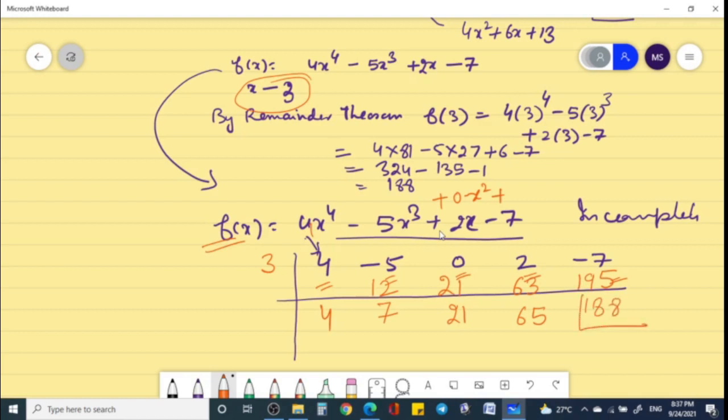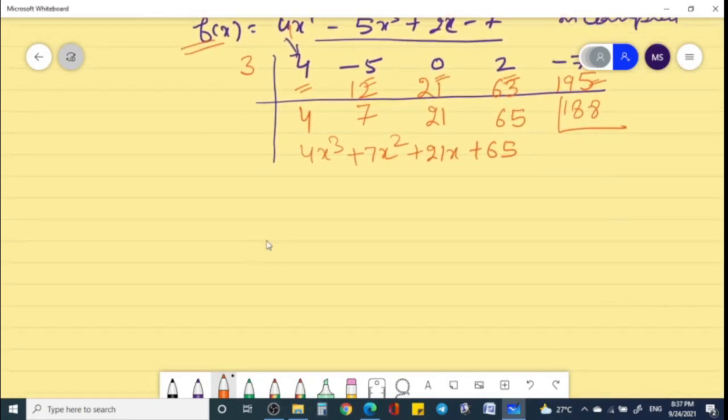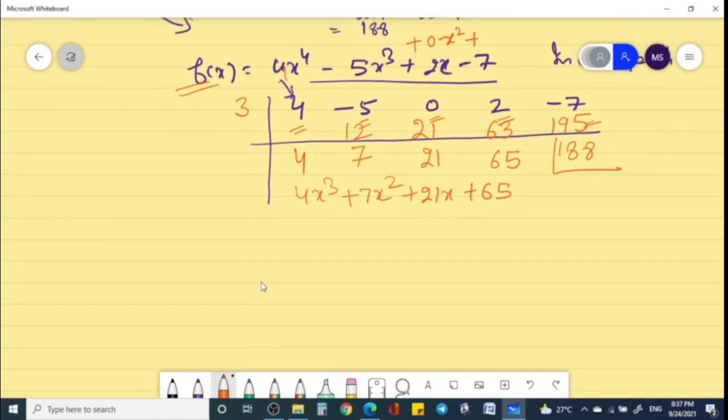This is the remainder, and the quotient is this. So this is much easier than this computation. Okay, so synthetic division is a very useful tool, and I hope students have learned about synthetic division.